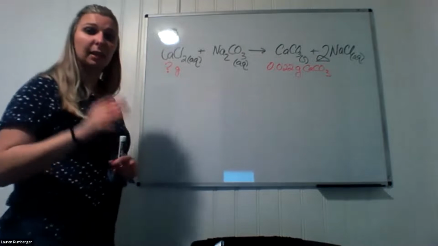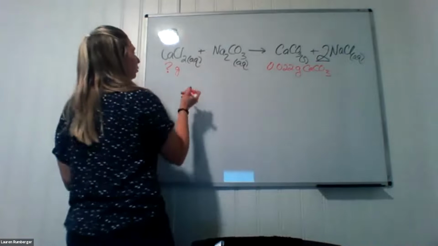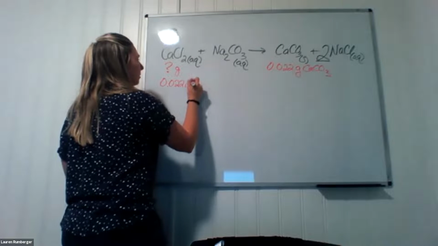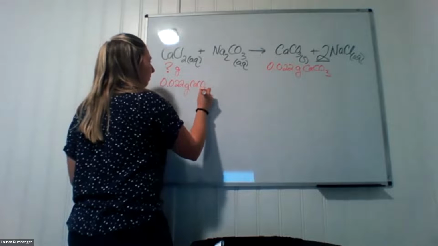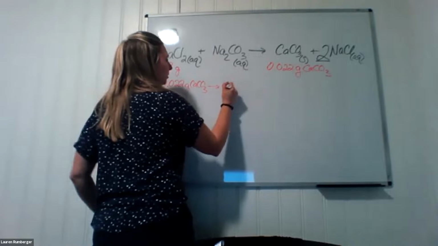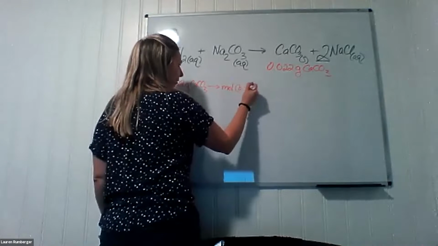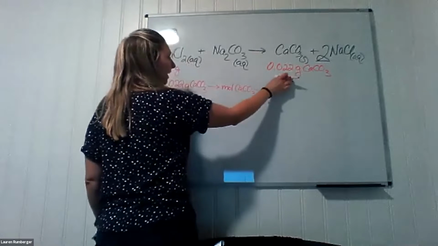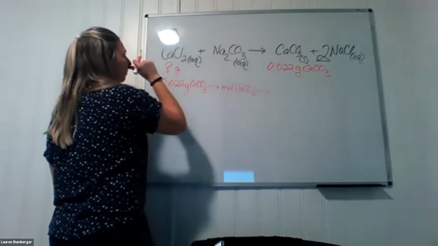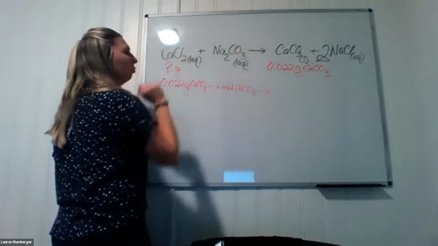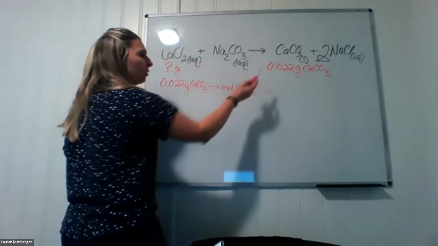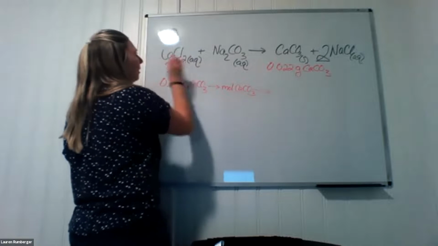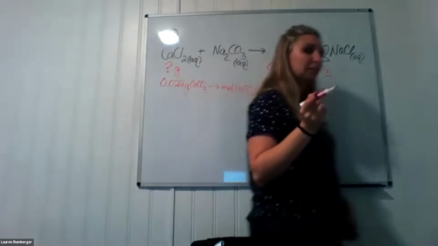It's the exact same procedure. We start with the grams, 0.022 grams of calcium carbonate. Convert grams to moles of calcium carbonate. Then from moles of calcium carbonate, we use the relationship. In this case, it's just a 1-to-1, but we still need to show that we're changing our substance from calcium carbonate back to the starting material.